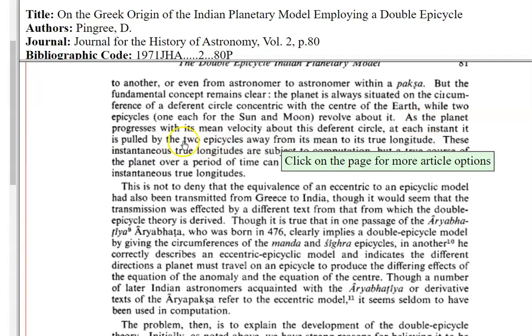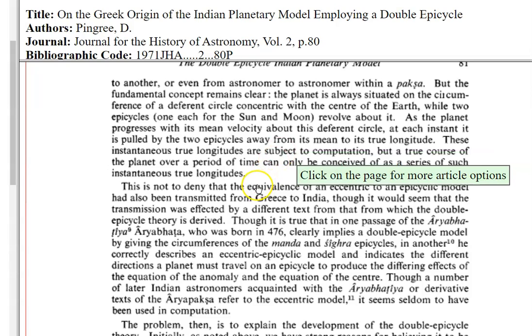As the planet progresses with the mean velocity along this deferent circle, at each instant it is pulled by the two epicycles away from its mean to its true longitude. So we have longitude and latitude. The longitude is measured from the vernal equinox. Now, I would assume that you know the regular stuff, which I would do as a preliminary if you don't know. And the latitude is measured from the ecliptic.